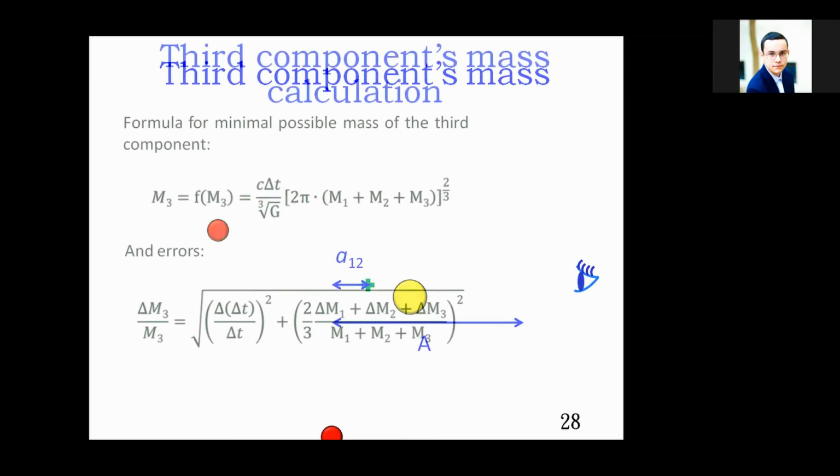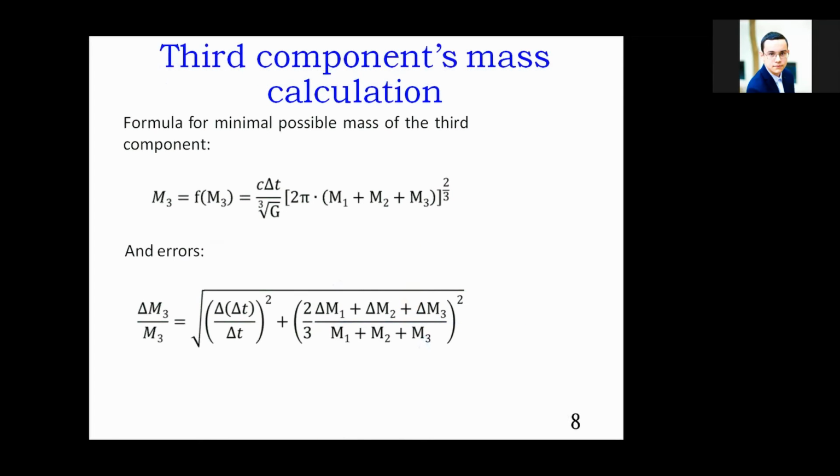So we just use the simple Kepler's third law, and some other formulas to create this formula for calculation of the mass of the third component and its error, of course.